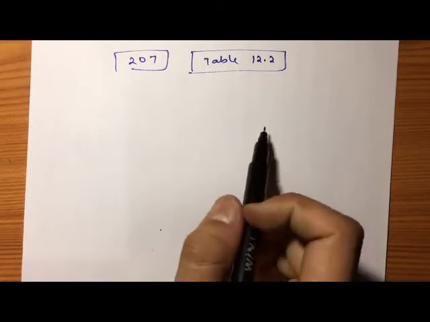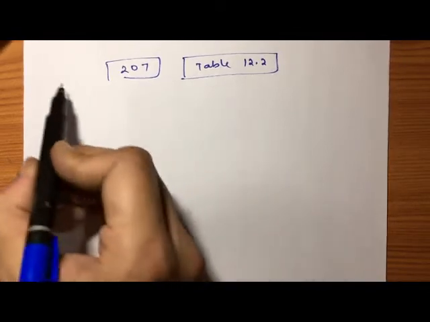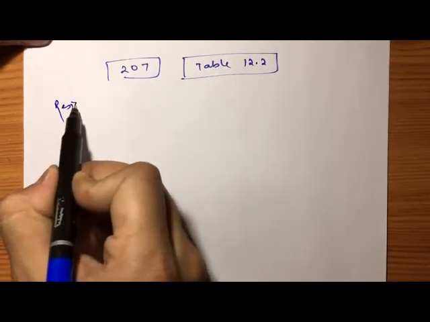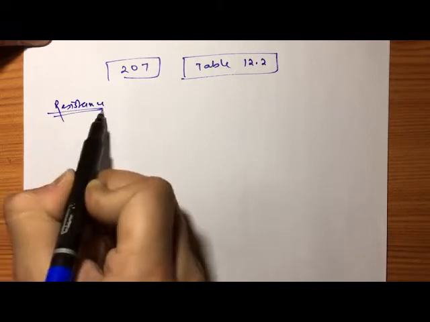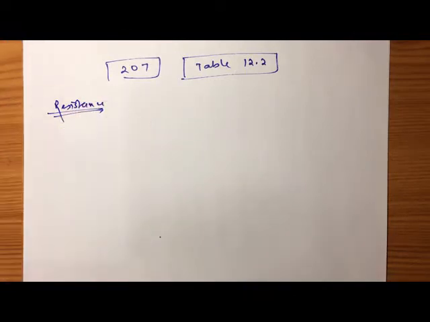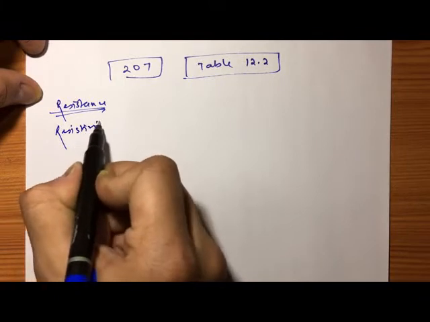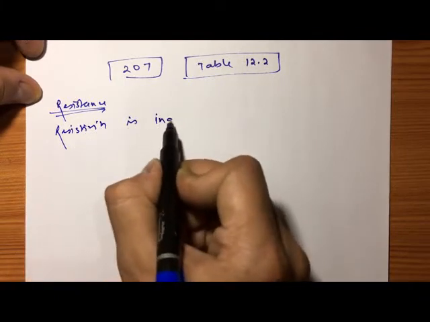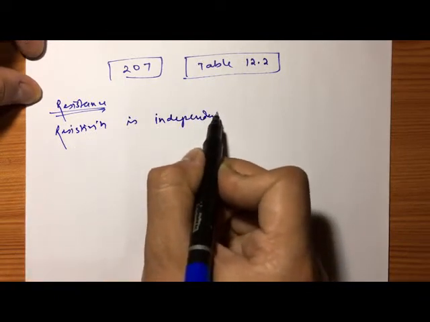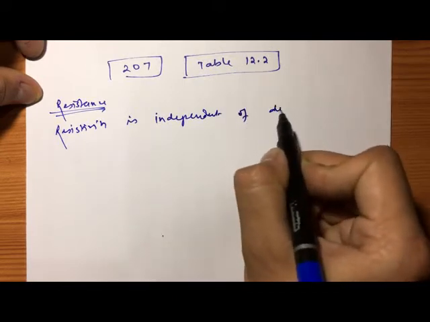The resistance is just a property which changes with dimension, but in case of resistivity, you should know that resistivity is independent of dimension.